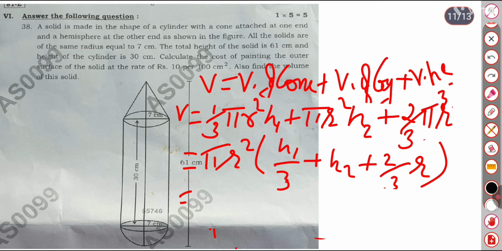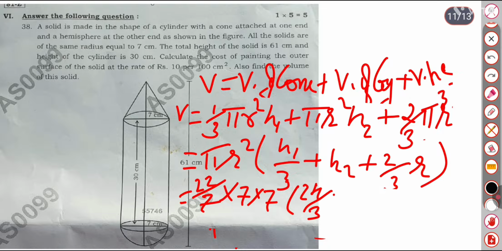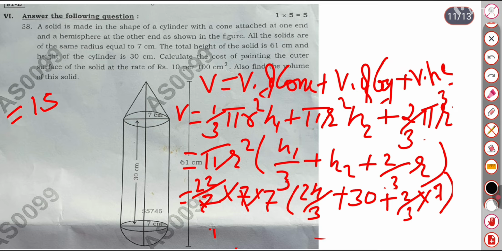So pi is 22 by 7 into 7 into 7. H1 is 24 by 3 plus H2 is 30 plus 2 by 3 into 7. So 7 cancels. What is remaining? 22 into 7 is 154. I'll write here 154 into, here we'll find the LCM.